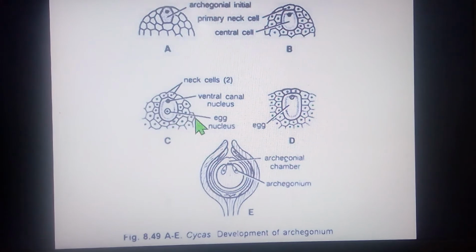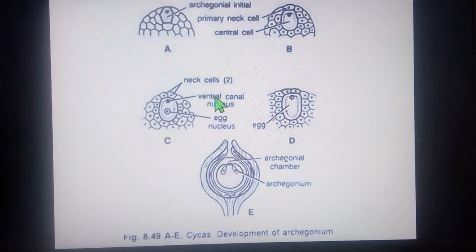Okay, so it is the egg nucleus. But here there is no wall formation between the two nuclei. They remain as they are.